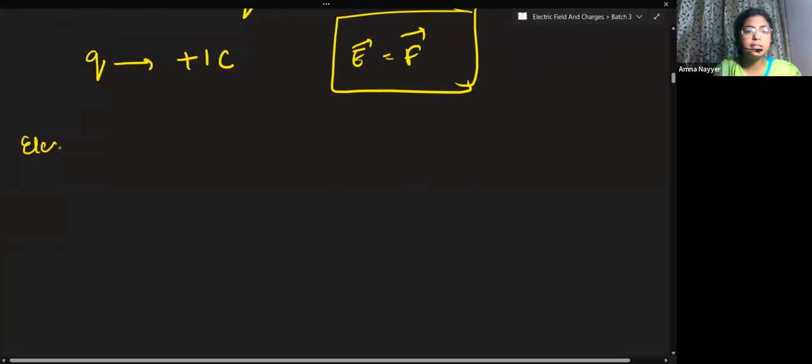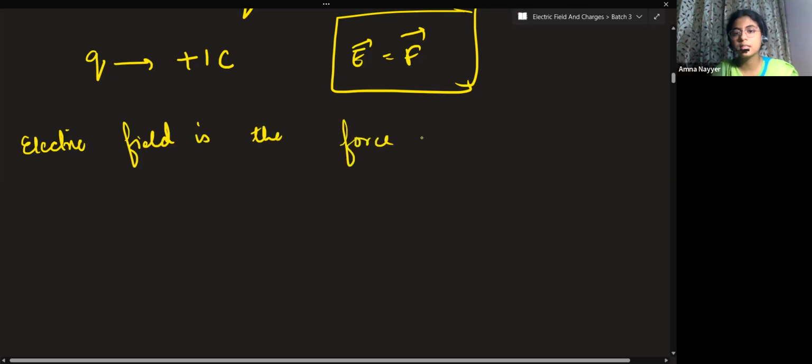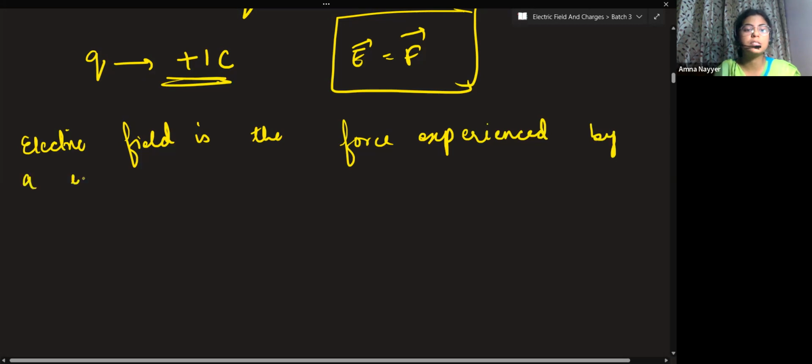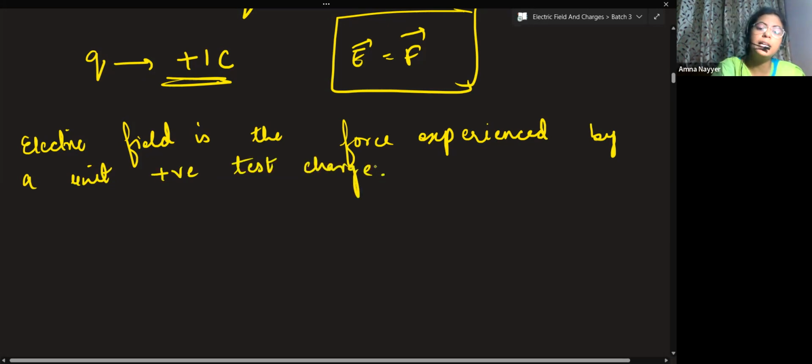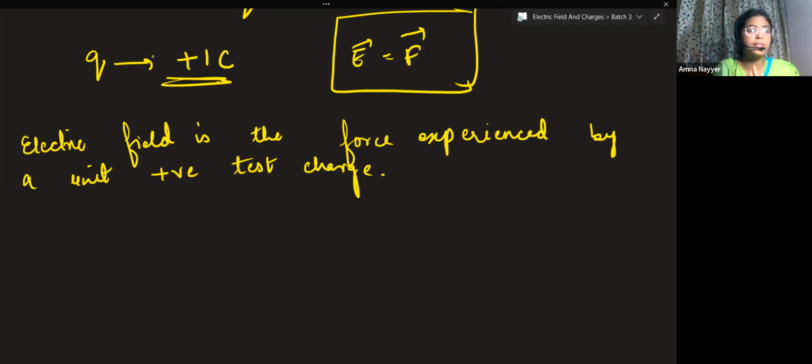Electric field is the force experienced by a unit positive test charge. This is what is meant by electric field. All right, so just copy these points of electric field as well.